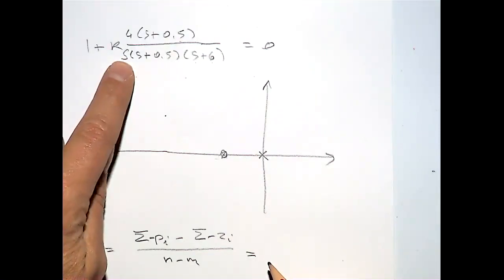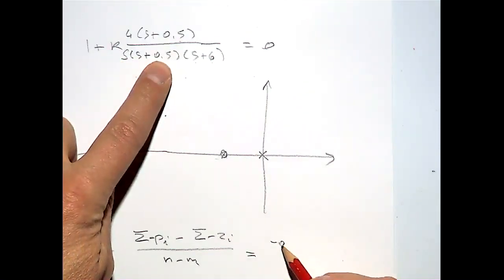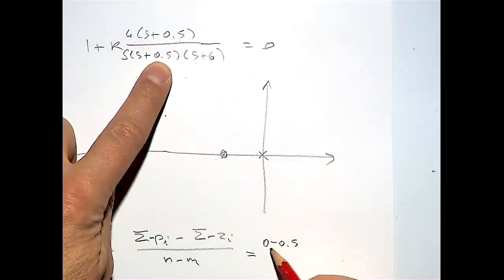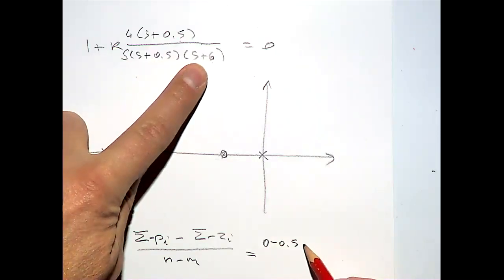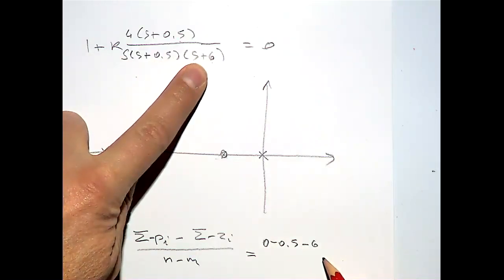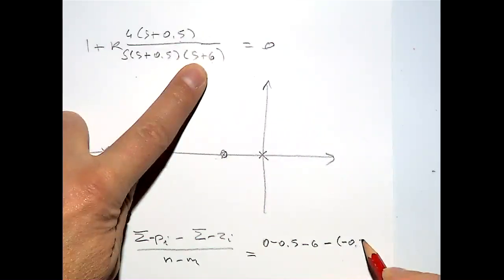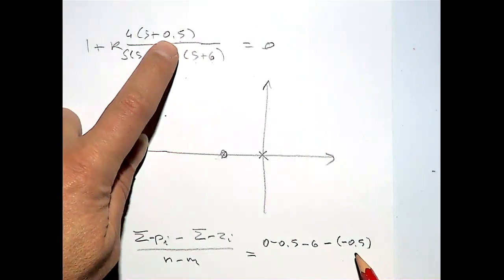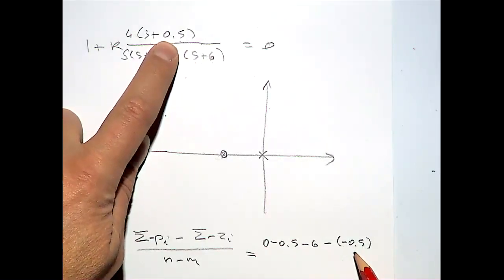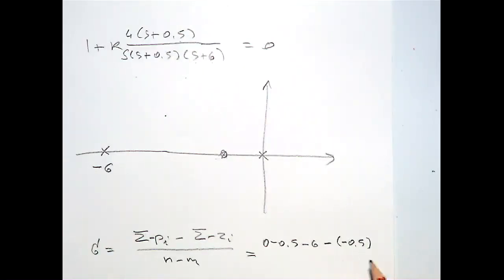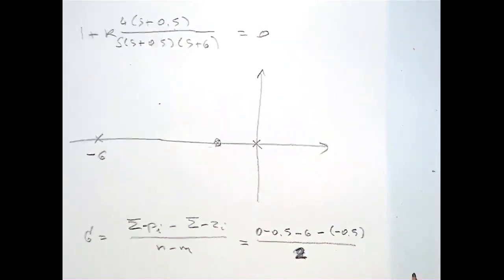Well, one pole is 0, one pole is minus 0.5, so I should say 0 minus 0.5, then minus 6, right? And then minus, I have here minus 0.5, because that's the zero corresponding to this part. Everyone follows? Divided by what? Sorry, not 4, 2. Yep.